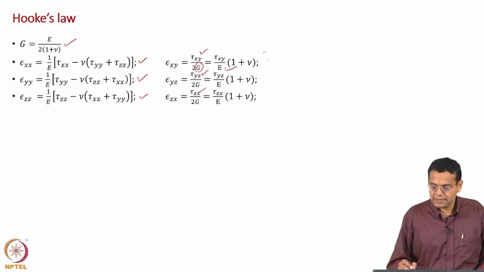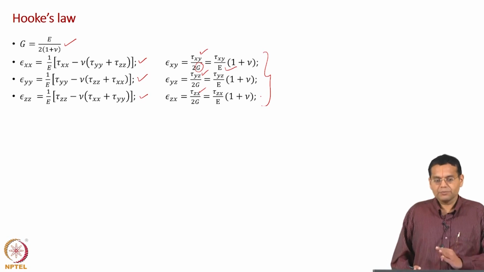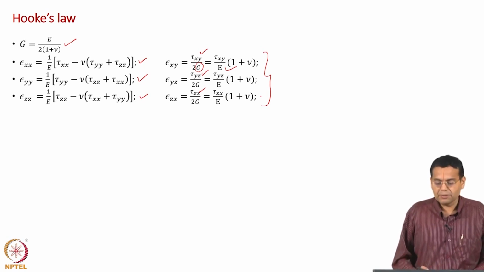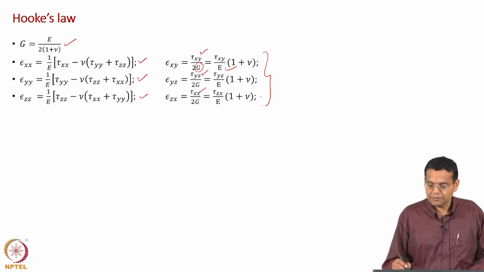So, now these set of equations have only two material properties, which are E and nu. It is for us to replace any one material property in terms of the other two. Here I have replaced G in terms of E and nu. So, these set of equations have only two material properties, namely E and nu.